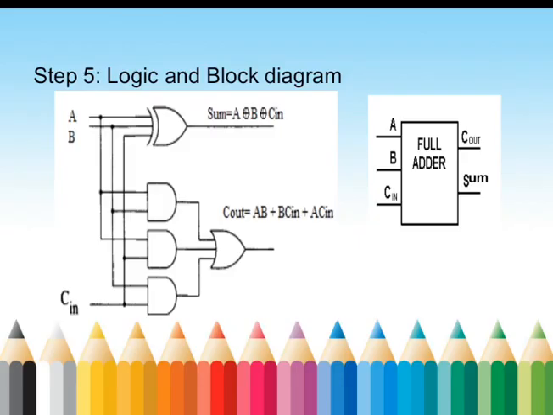For the sum expression it is a 3 input XOR gate, so we use one XOR gate with inputs A, B and Cn to have the expression sum = A XOR B XOR Cn. And for carry, in the output expression we have 3 AND terms.